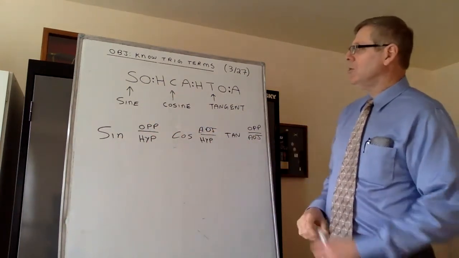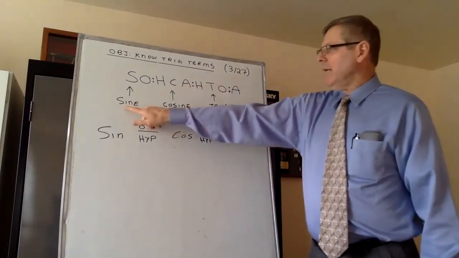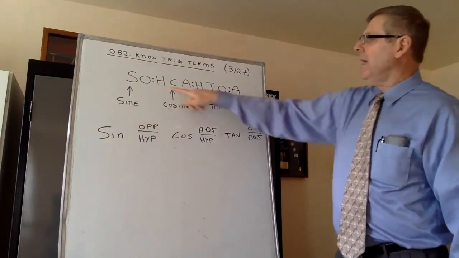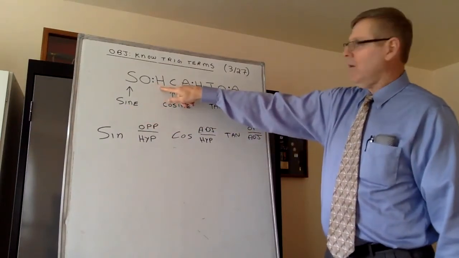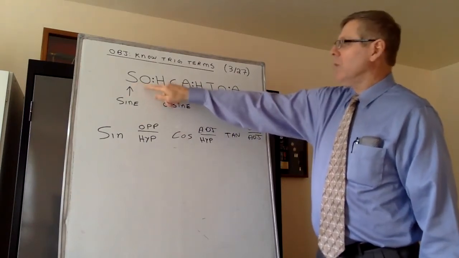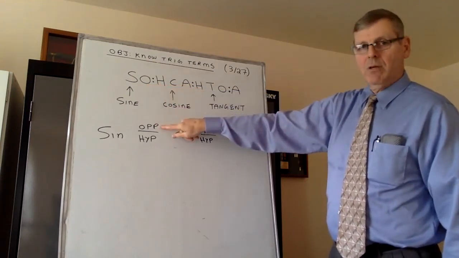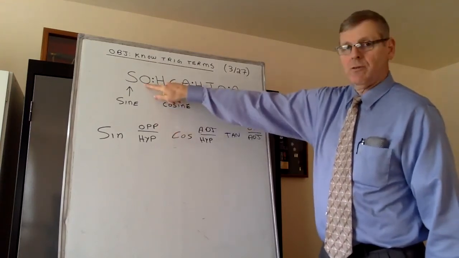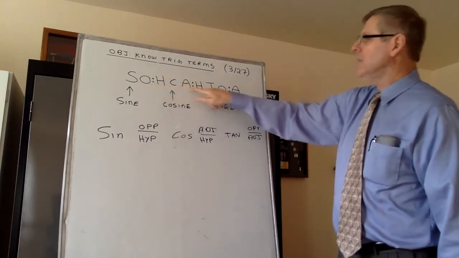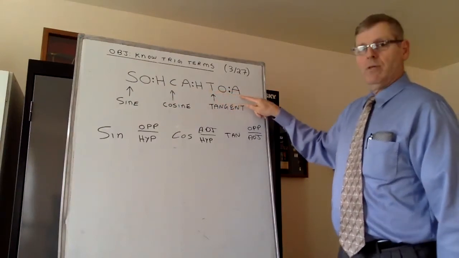But for right now, what you want to have in your notes is that the acronym SOHCAHTOA stands for sine, cosine, and tangent with the S, C, and T, and the two letters that directly follow define what sine means. So sine is a ratio of opposite over hypotenuse. Notice opposite goes on top because it's listed first: opposite over hypotenuse, cosine adjacent over hypotenuse, and tangent opposite over adjacent.